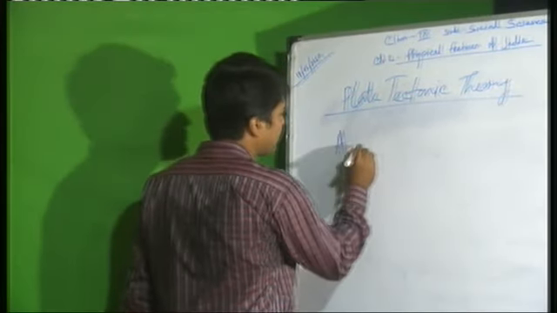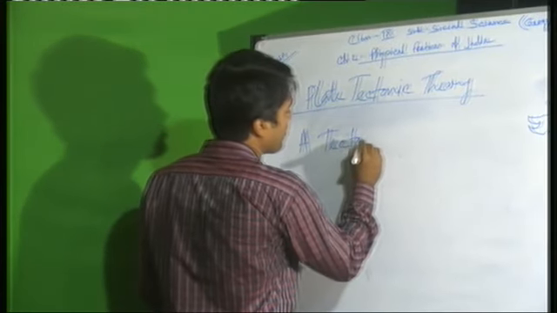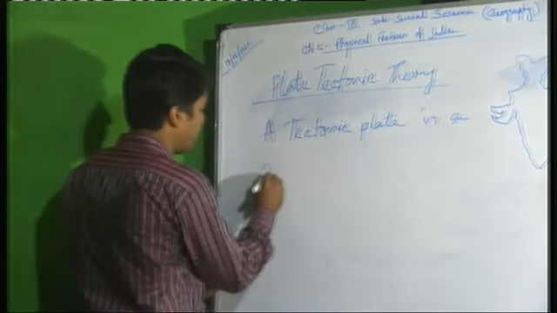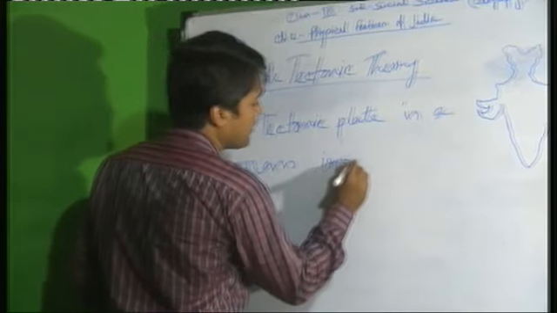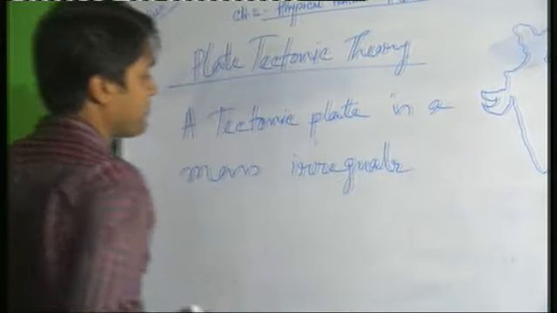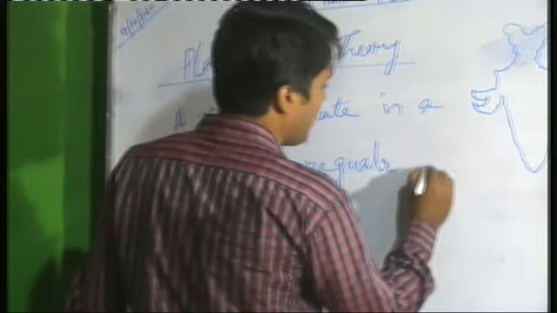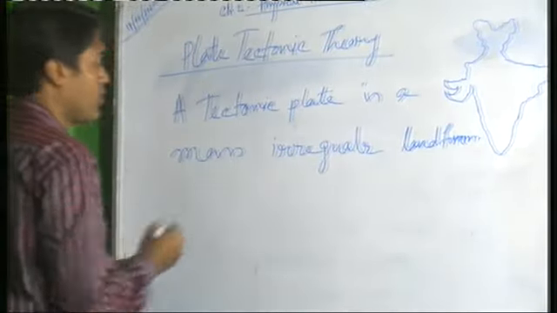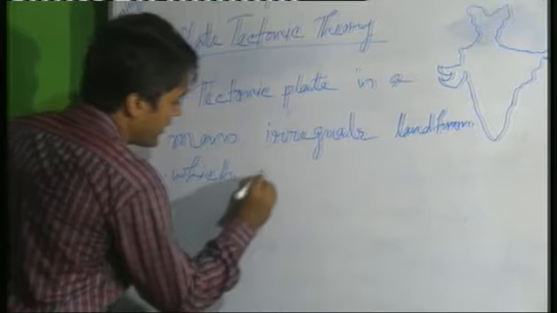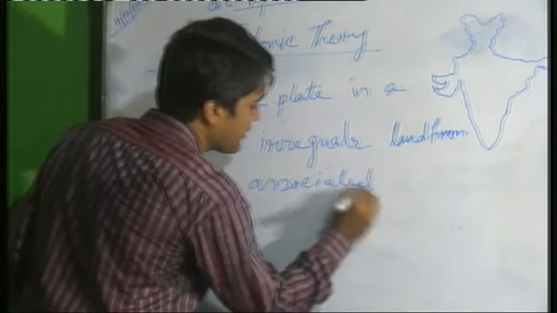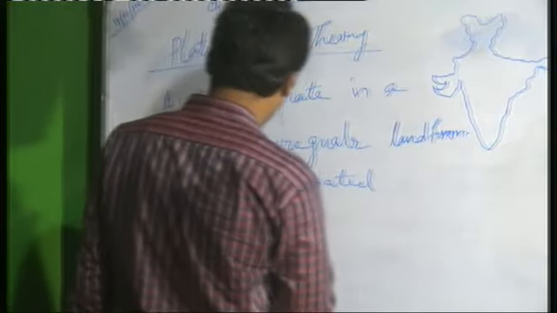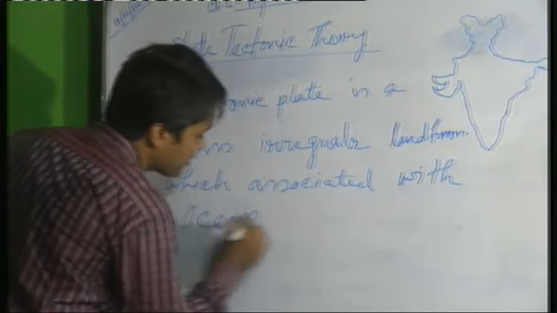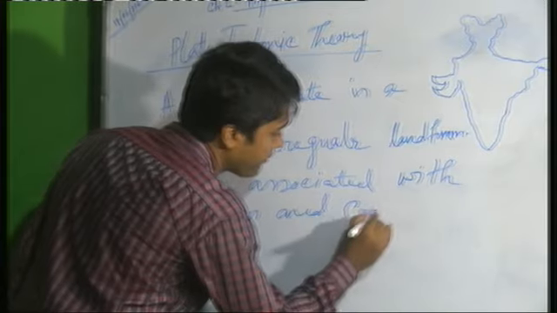A tectonic plate is a mass, an irregular landform, which is associated with ocean and continent.